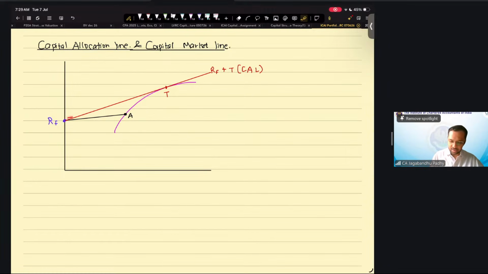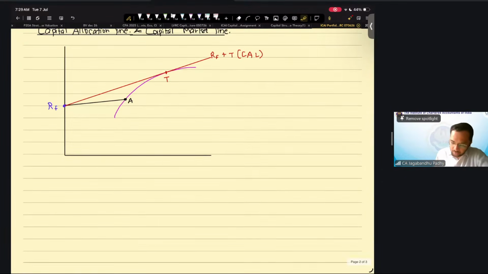And this is obviously better than the efficiency frontier, because anyone who is sitting over here at A would definitely shift to a position over here, because this point is going to provide a higher return at the same level of risk. So all the investors sitting over here will simply shift to this risk-free and tangency portfolio.